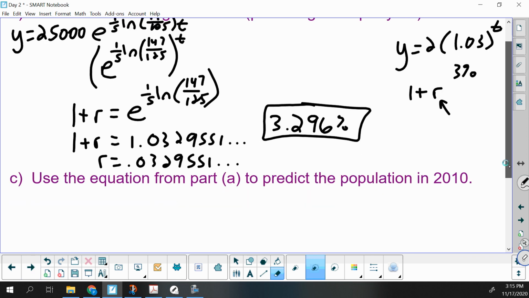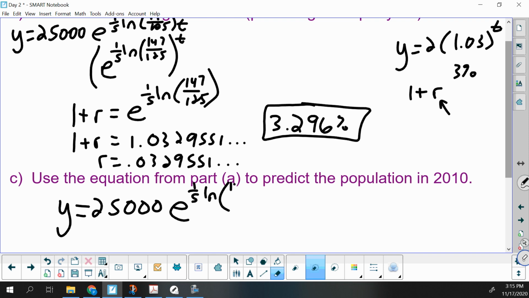All right, and then we want to use our equation that we have there to predict in 2010. Well, remember, we were doing the years since 2001, so 2010 would just be 9. So we'll have 25,000 times e to the 1/5 natural log 147 over 125 times 9.